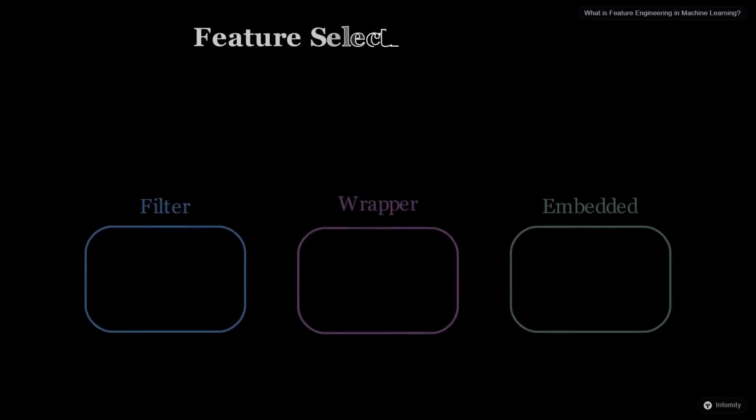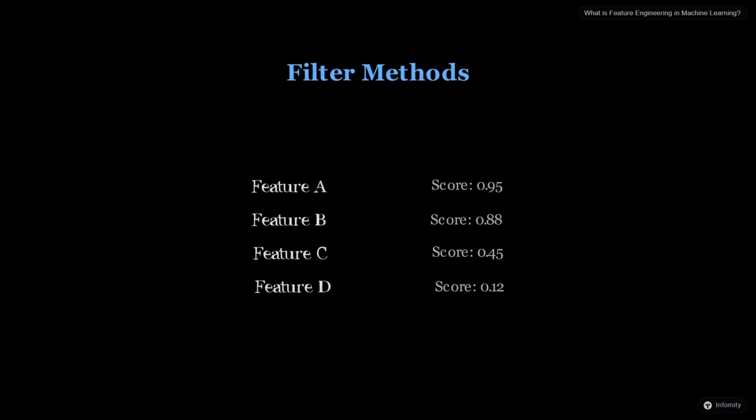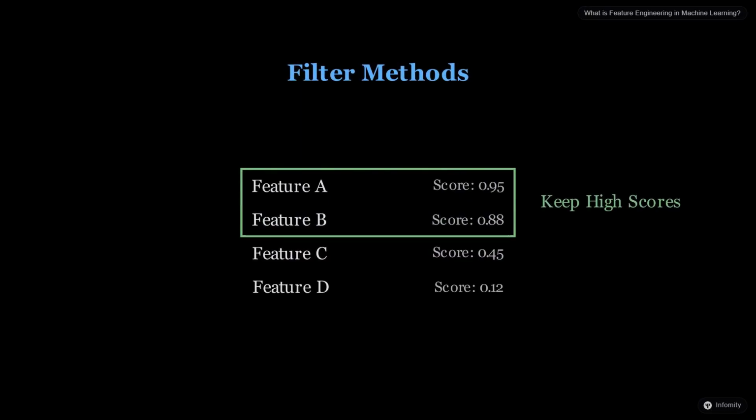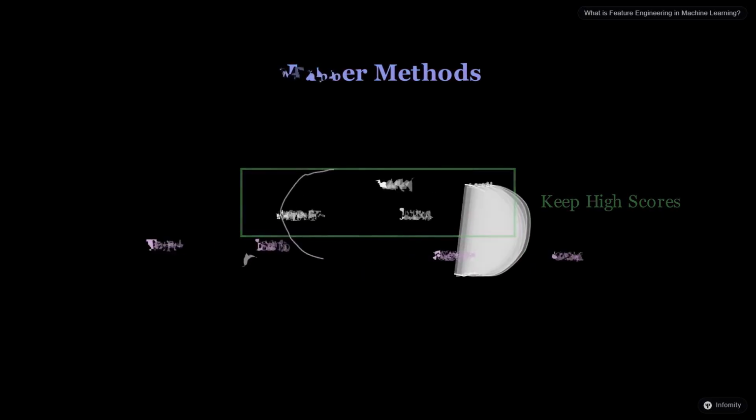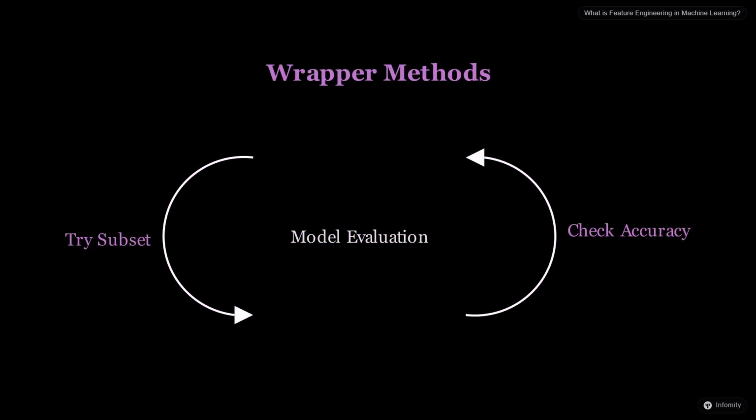There are several strategies for feature selection. Filter methods evaluate features independently of the machine learning model, often using statistical measures like correlation with the target variable, or simply removing features with too many missing values. Wrapper methods are more computationally intensive. They involve training a model on different subsets of features and selecting the subset that gives the best performance.